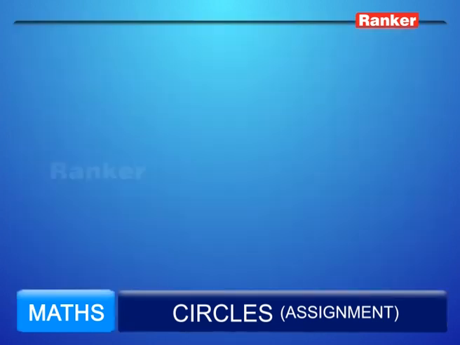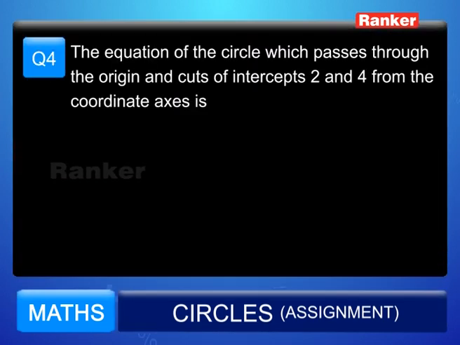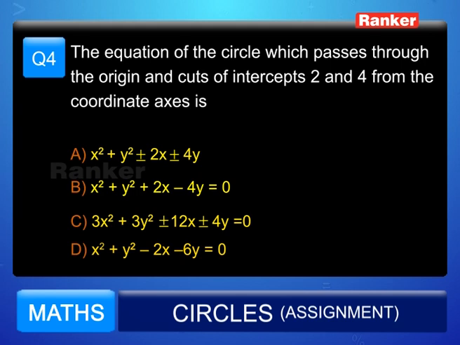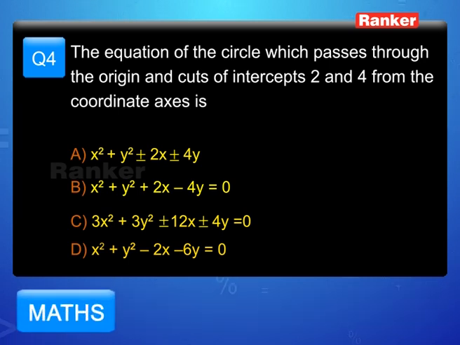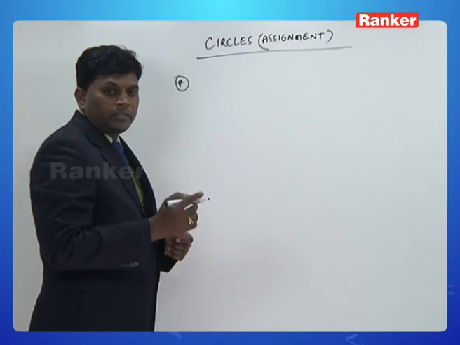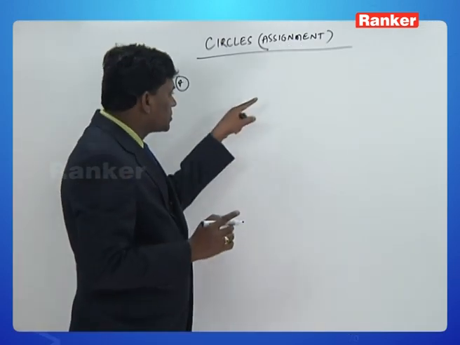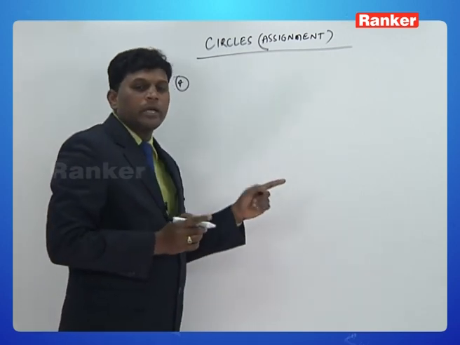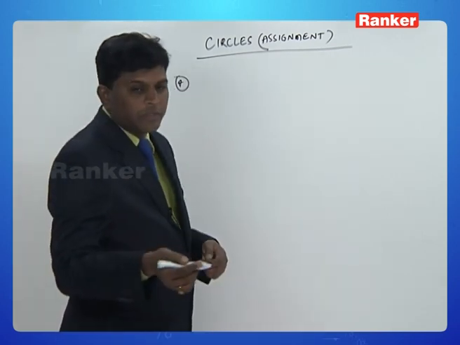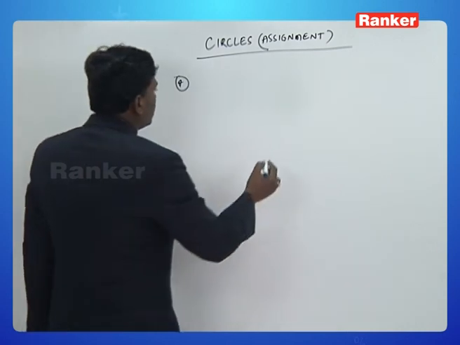Coming to the fourth problem. Here we have to find the equation of the circle which passes through the origin and cuts off intercepts 2 and 4 on the coordinate axes. Here the circle should satisfy two conditions. One is that the circle is to be passing through the origin, and the second is that it makes intercepts of lengths 2 and 4 on the axes respectively.